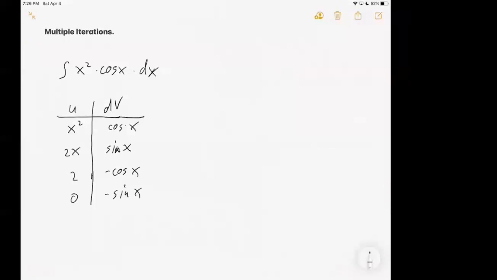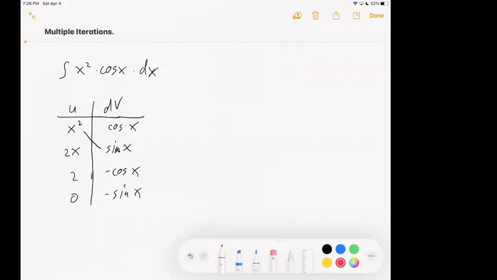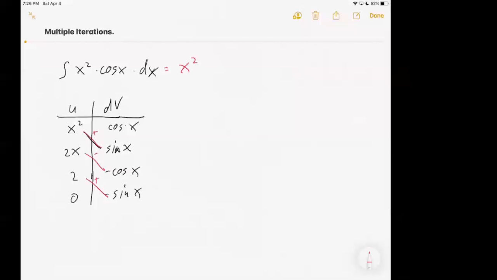This is the nice part of this. This is speed integration by parts. We have diagonals, and if I write out the diagonals with alternating signs, so this one is plus, minus, plus, in order, I get x squared times sine of x.